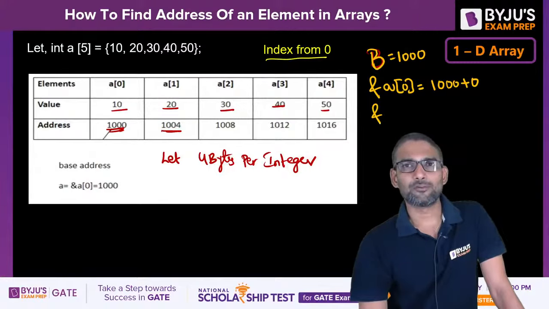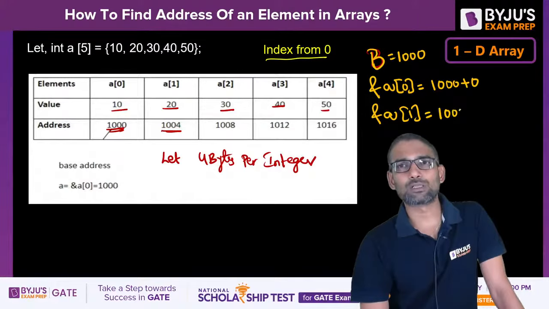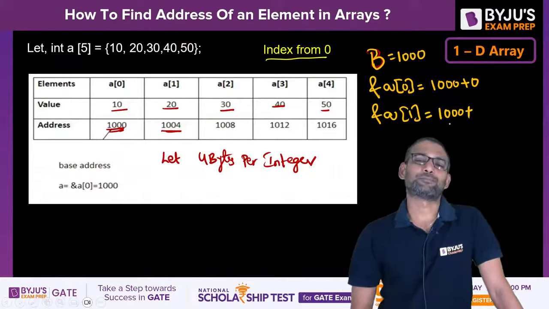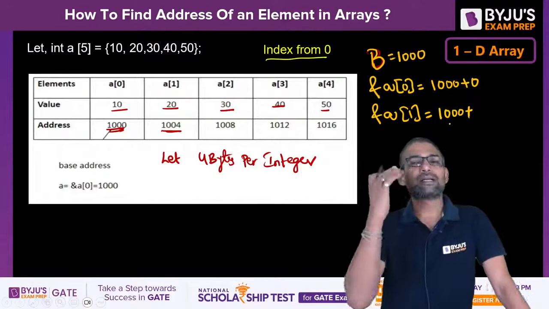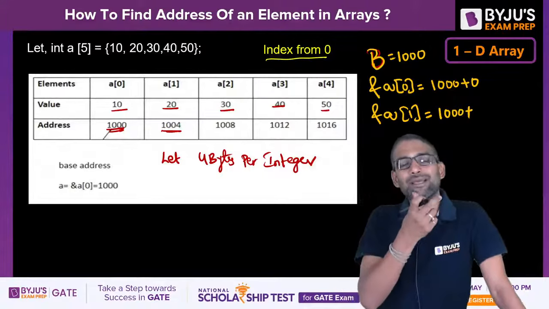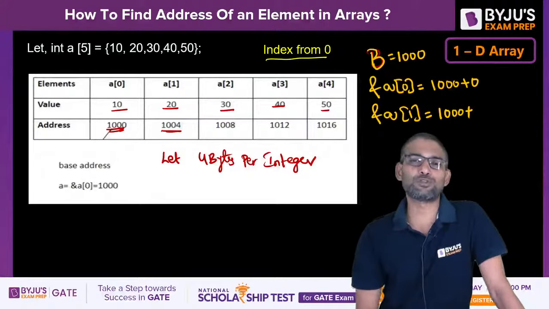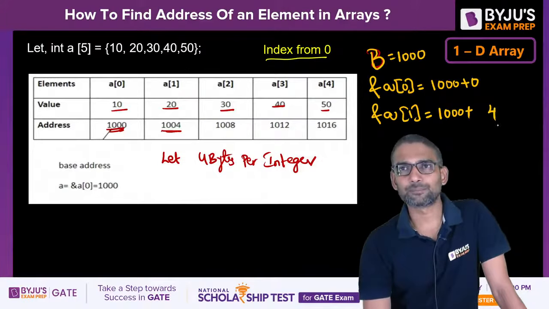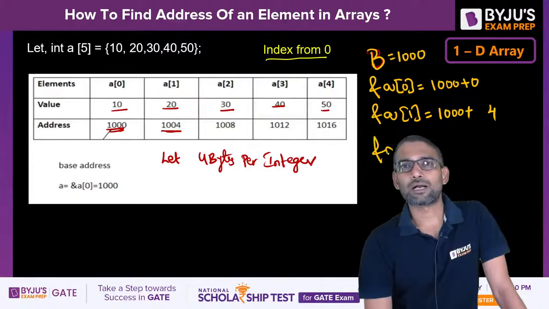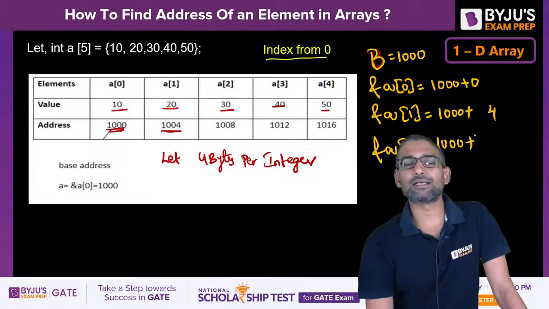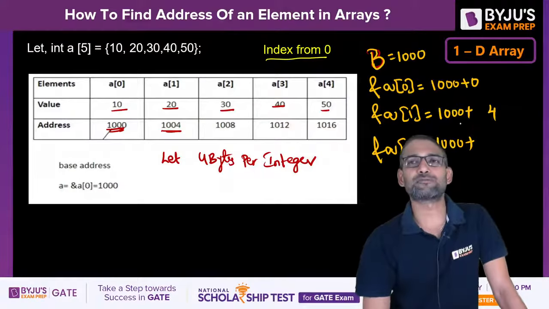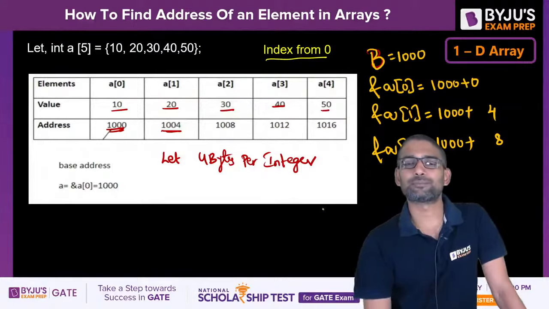Okay. If it is address of A of 1, this is what? 1000 plus the next element address and the base address differ by how much? By 4. Address of A of 2, base address and this second element address differ by how much? 8.